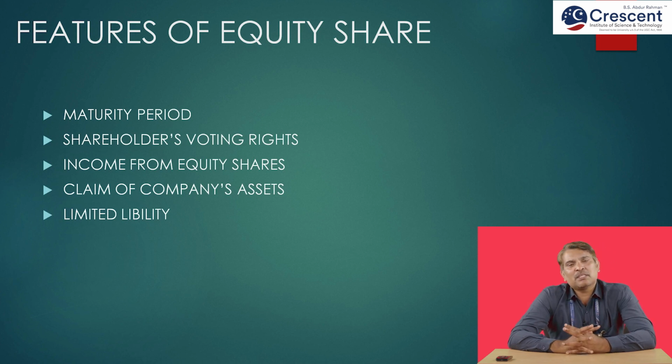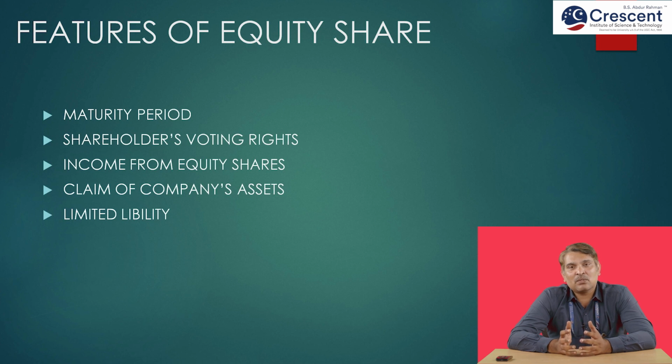If you deposit money, let's say a fixed deposit in a bank, it's a contract that in 4 years it will expire or 5 years it will expire. After that expiry, you will get the principal amount. Meanwhile, you will also get the interest components. But here, in this equity share, there is no maturity period, which means you buy that share and the share price will increase in the market.